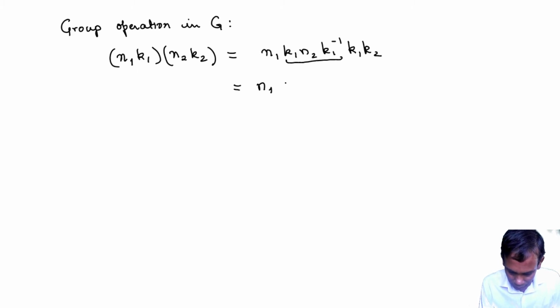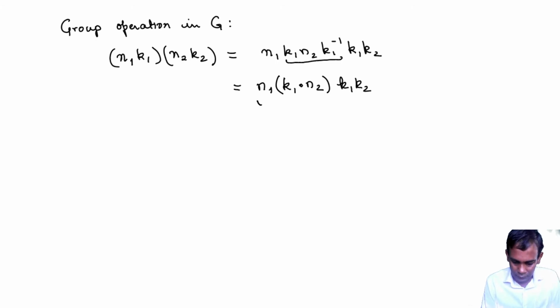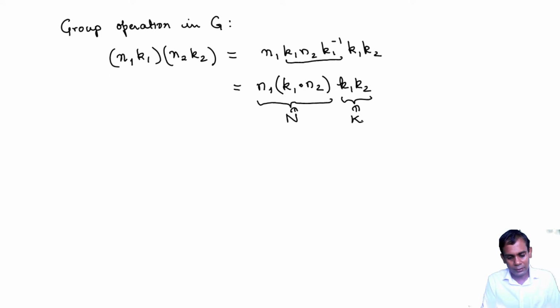That's k1 dot n2. So we get n1 times k1 dot n2 times k1 k2. Now this is an element of N, this is an element of K. So we've expressed a product of two elements written in the form n times k, again in the form n times k.